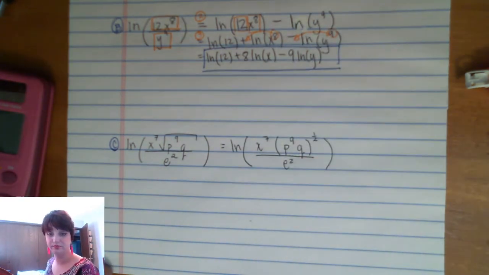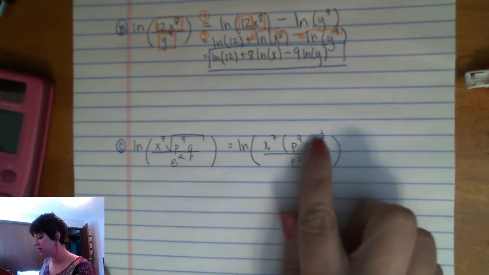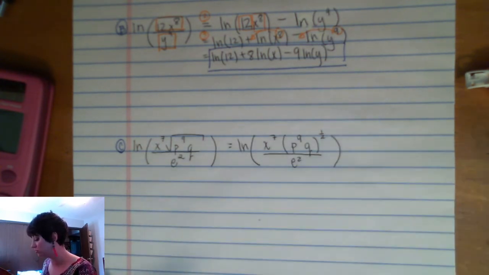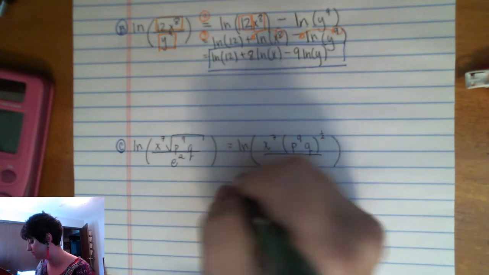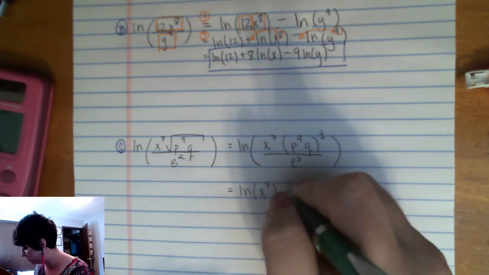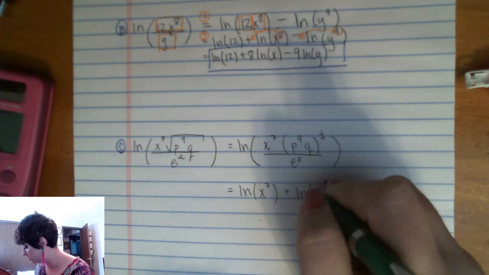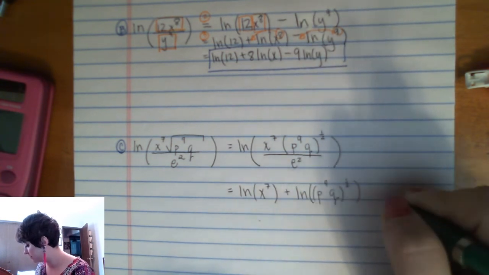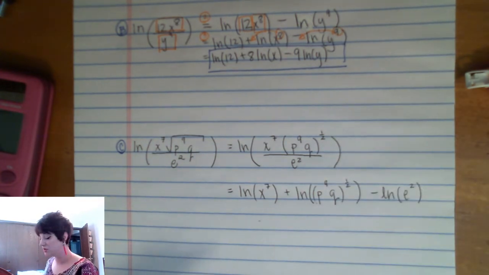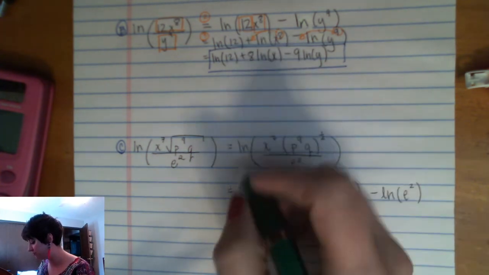All right, so here I have this. Now anything that's multiplying turns into addition. Anything that's dividing turns into subtraction. Okay, so log of x to the 7 plus log of p to the 9th q, all to 1/2, minus log of e squared. So anything that was multiplying turns into addition, anything that was dividing turns into subtraction.